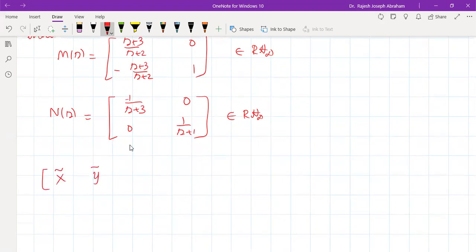X hat, Y hat into M, N must be equal to what? I. We have taken M like this and N like this. So what can be one possible X hat and Y hat? Can you find? What could be a possibility? Tell me.